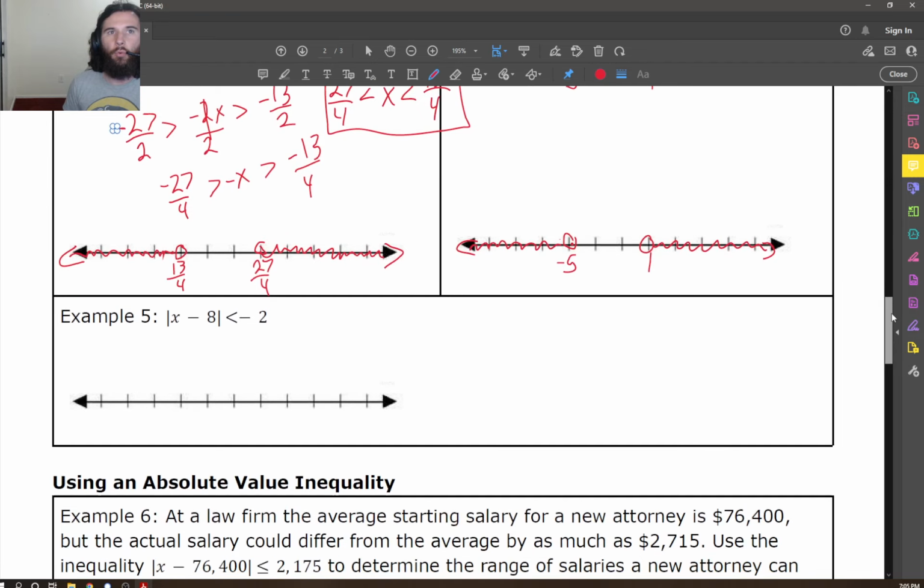Now let's take a look at one more. Absolute value of x minus 8 is less than negative 2. So let's set this up. X minus 8 less than negative 2, and then greater than positive 2. But that doesn't seem like it makes very much sense.